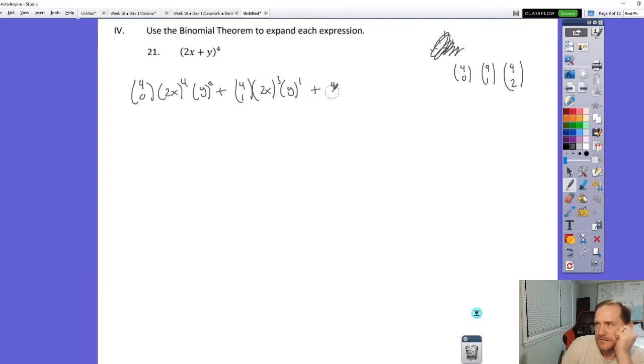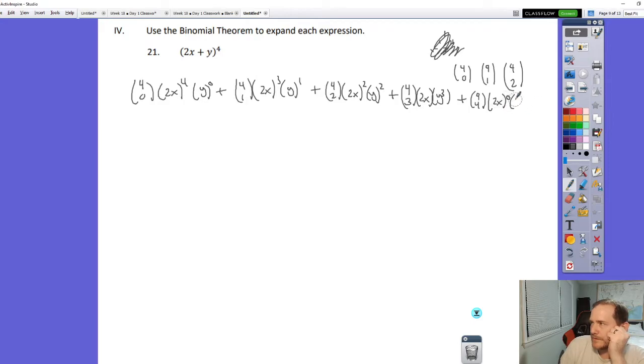Then we'll need a 4 choose 2, a 2x squared, and a y squared. We're on to a 4 choose 3, a 2x to the 1, and a y that's getting cubed. And finally, 4 choose 4, 2x to the 0, and a y to the 4th.